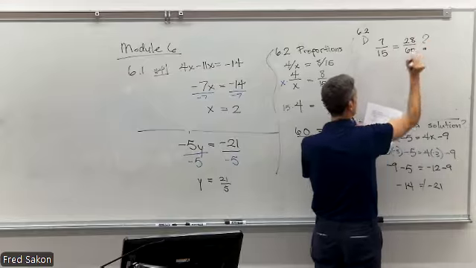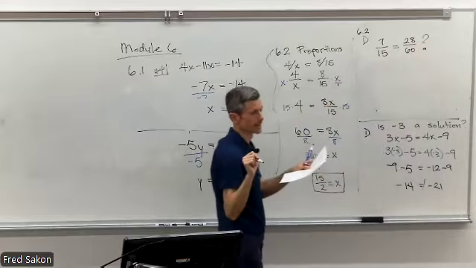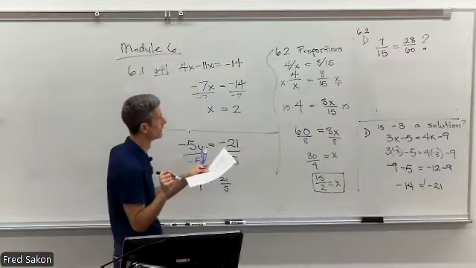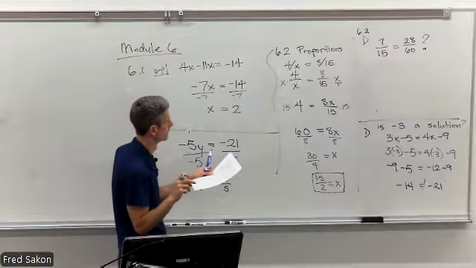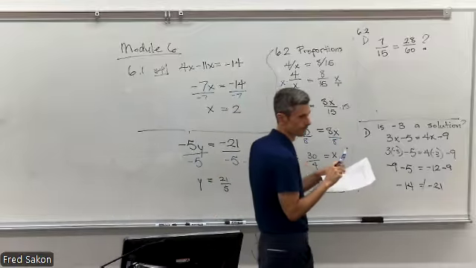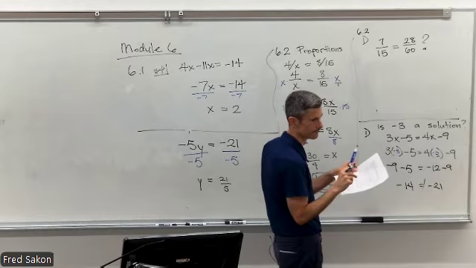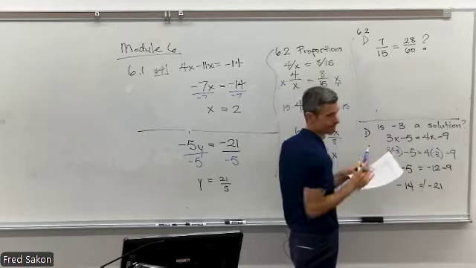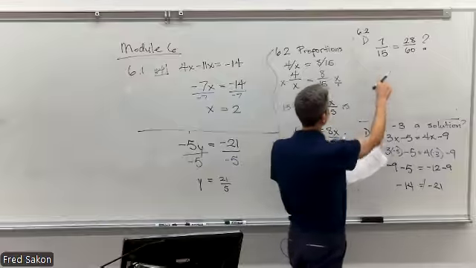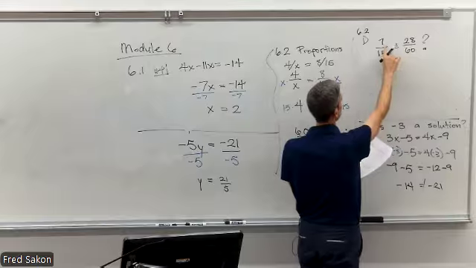Kind of like, do they equal? How do we figure out? Yeah, you can do that strategy. Yep. 15 times 28, 60 times 7.